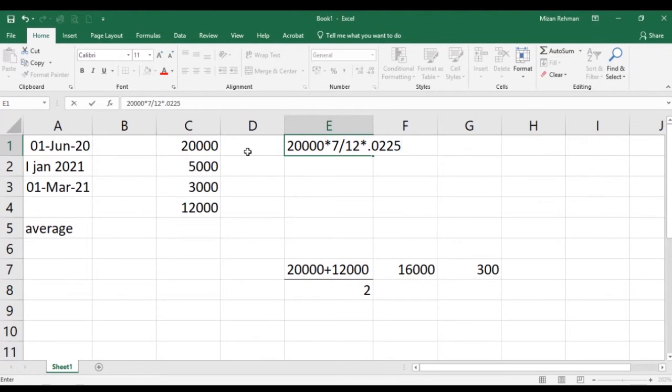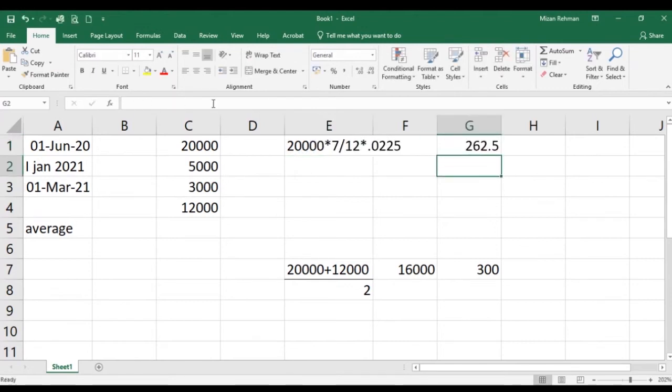Last time I forgot about dividing by 100, so I'm simply doing it like that. If you do this, copy it, press equal sign, and paste it, and we get £262 for that amount.